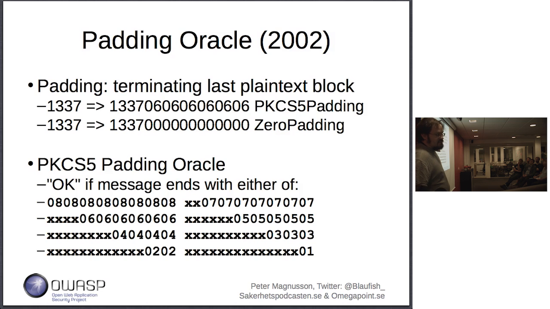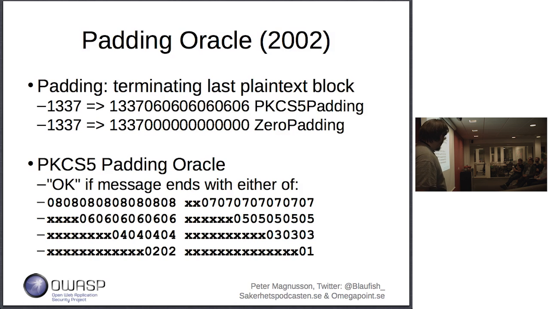This is the most common way of padding. It's known as PKCS5 padding. It's also known as PKCS7 padding, and a bunch of different variants, but most of them do this thing. Either the communication will end with a block full of 8s, which means the last block was complete and the final block was just a big terminator.